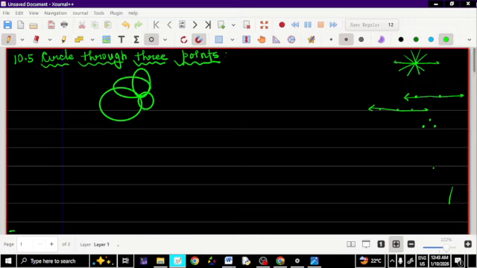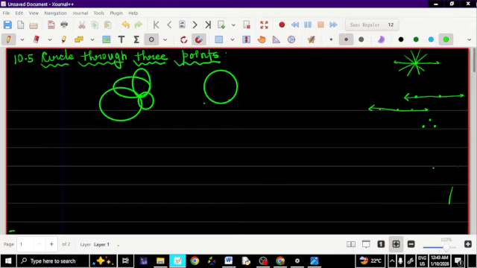Again, if I give you two distinct points, you can draw infinitely many circles which will pass through these 2 points.